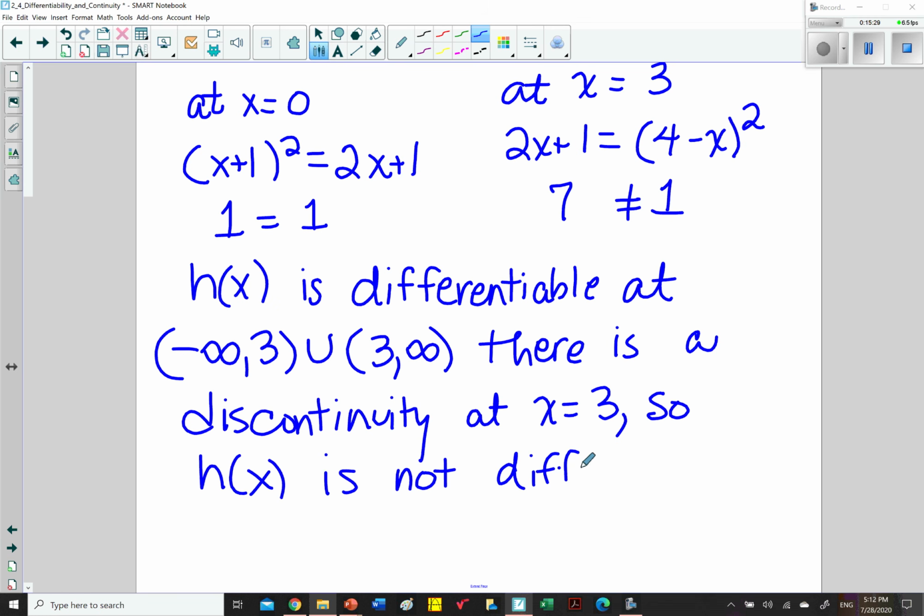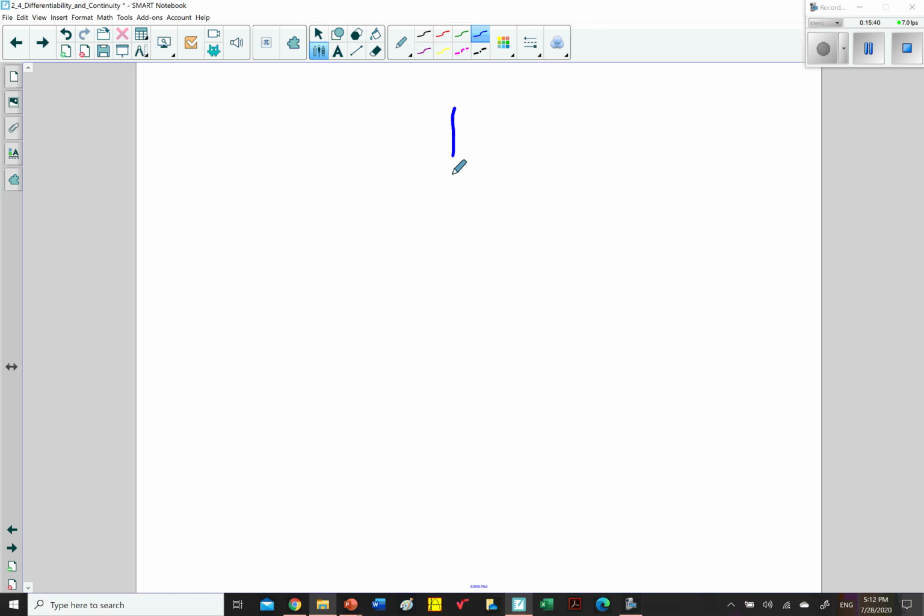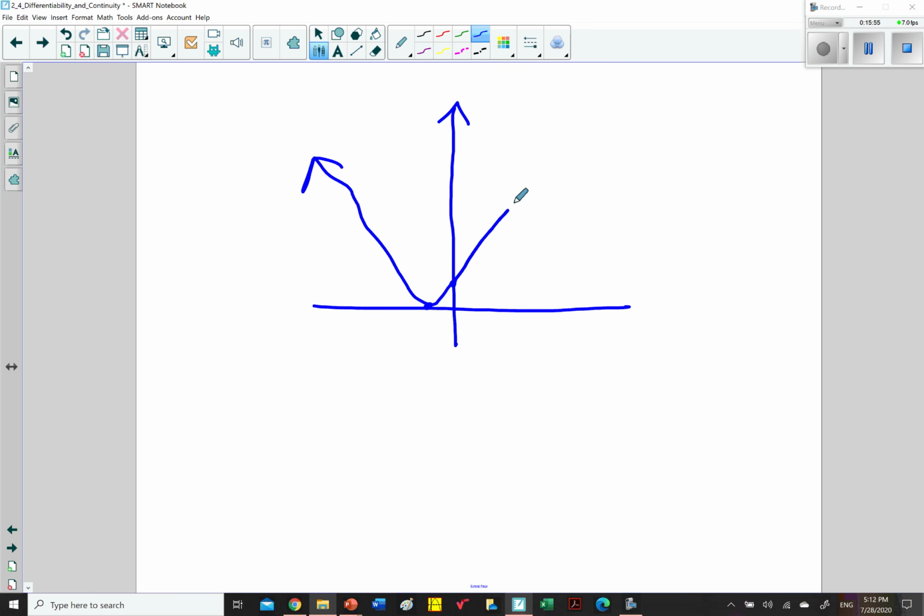And if you drew the graph, it would be easy to see because you'd have a parabola going off. At 0, you got 2x plus 1. But when you got to 3, your value was 7 up here.